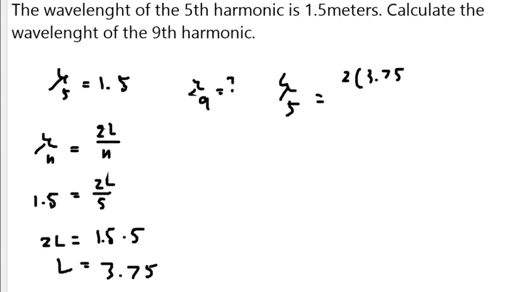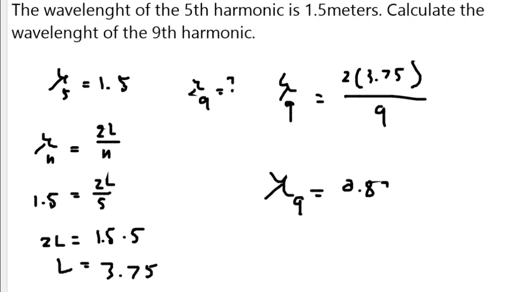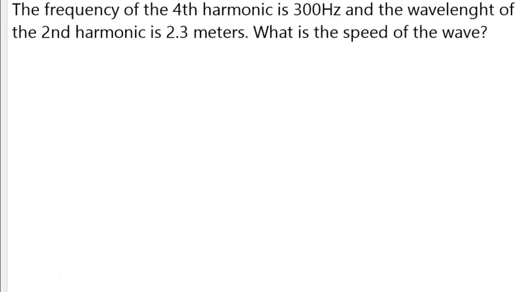Actually, let's calculate the 9 because we already know the length. Okay, so what we have here is going to be 0.83 repeating meters. So that's the wavelength of the ninth harmonic.